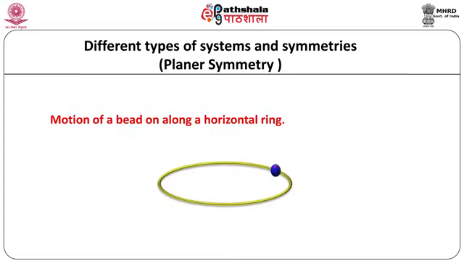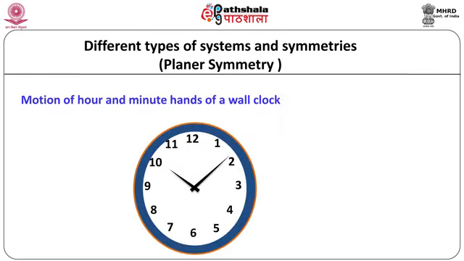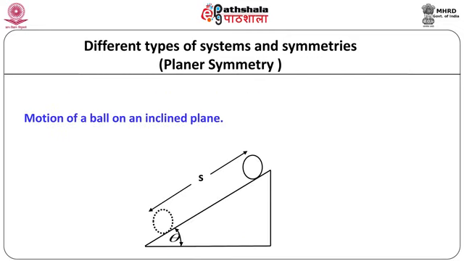Here we have a bead moving along a horizontal ring. Remember, even wall clocks have hands. I am sure you must have solved problems with a ball rolling down an inclined plane.